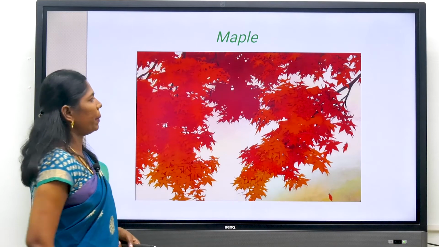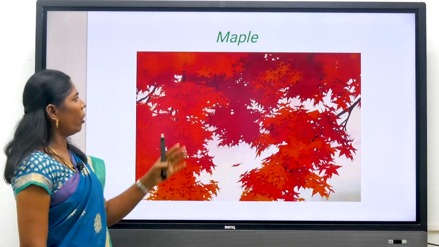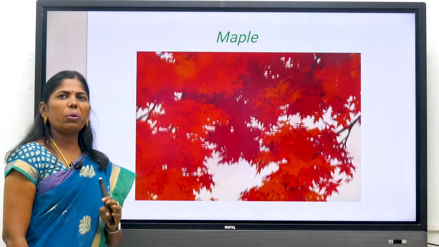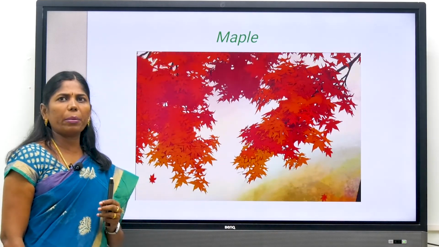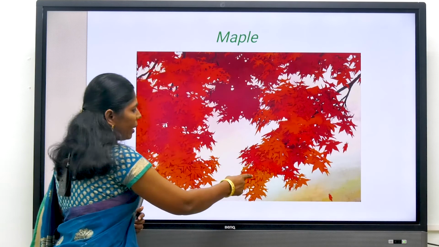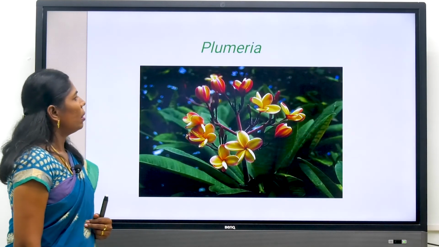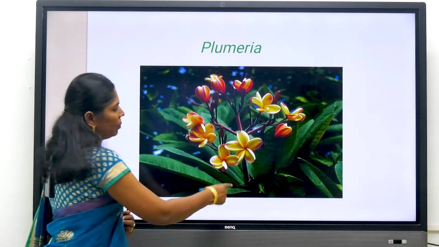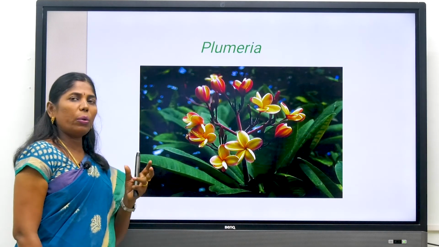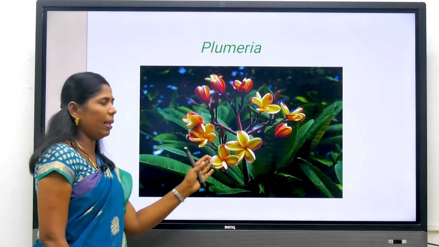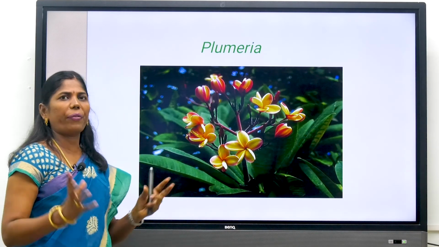This is a maple tree. See how the leaves fall from the plant during the winter and summer seasons. That is a plumeria. Everywhere you can see the plumeria plant, during the summer season you cannot see any leaves on the plant, only the flowers.